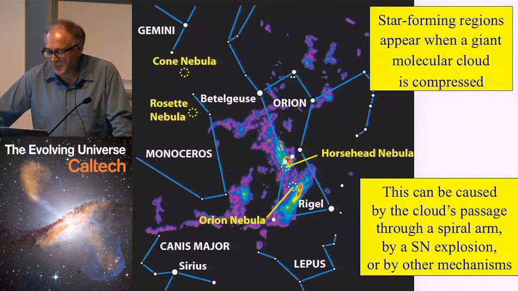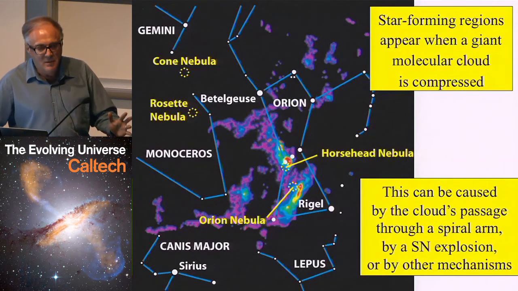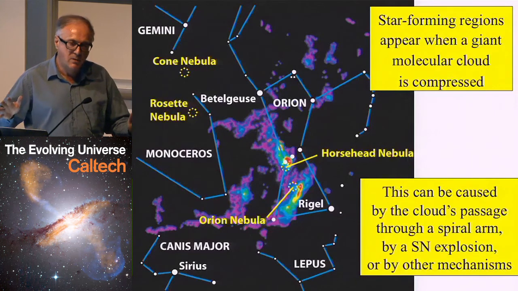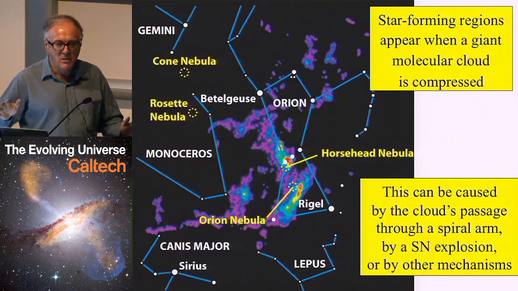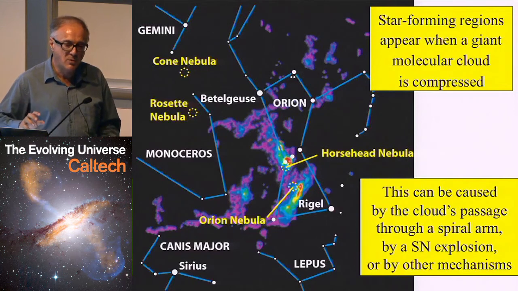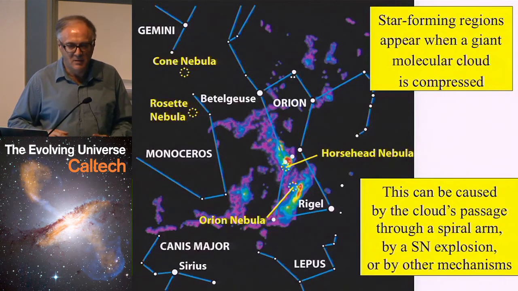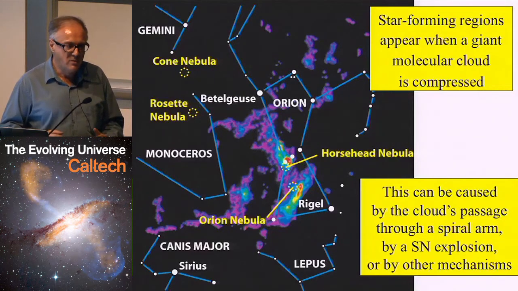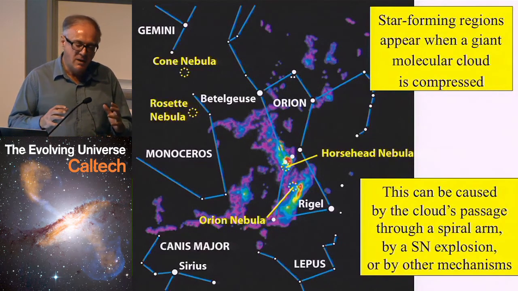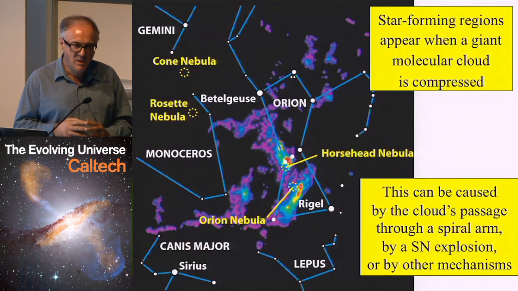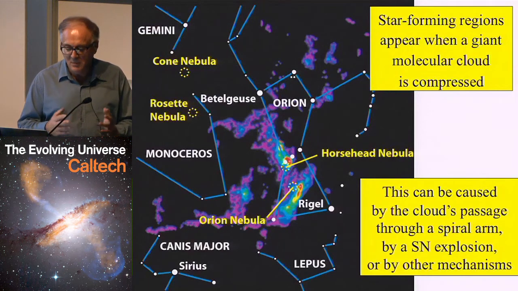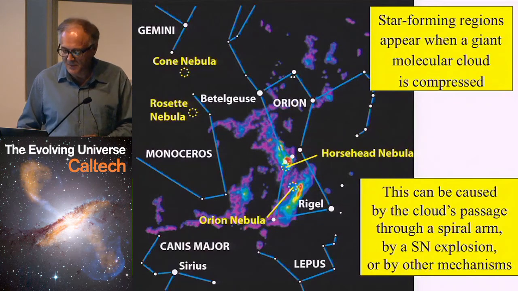And clouds are sitting there. Somehow they have to start collapsing and making stars. Usually that requires some physical cause to push them over a critical density limit. And that could be, say, the density wave of a spiral arm, could be a shock wave from a supernova, could be just a tidal force between two passing molecular clouds. And then once you start collapsing them, they carry on and make stars.